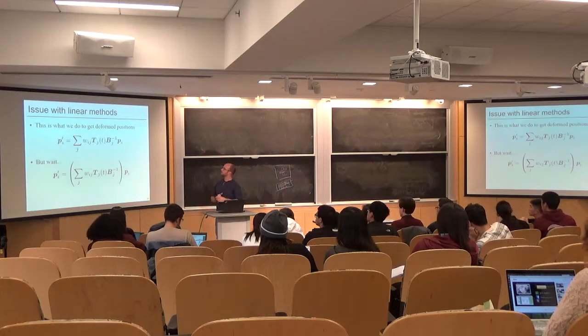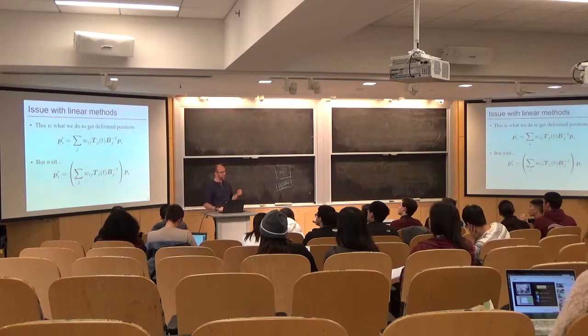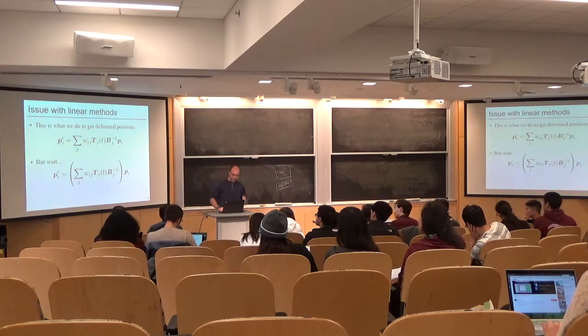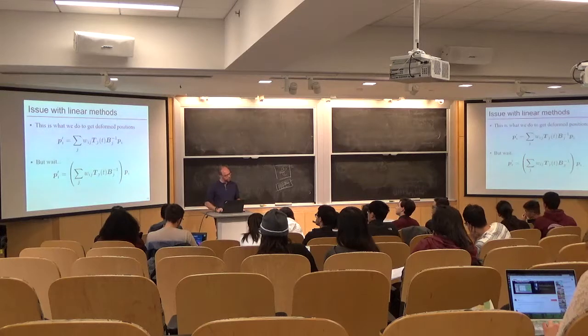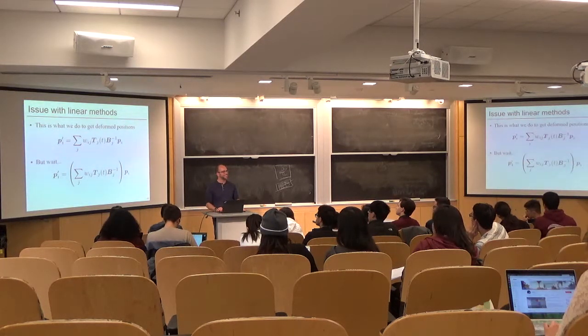Okay, so if you think about it, this works really well for translating objects, like just rigidly moving them. But rotation, is there any reason why this should be a particularly good rotational model? Not really.